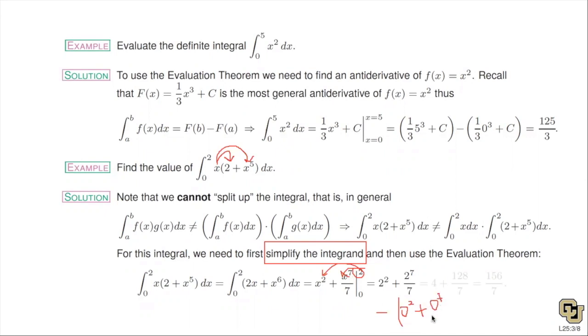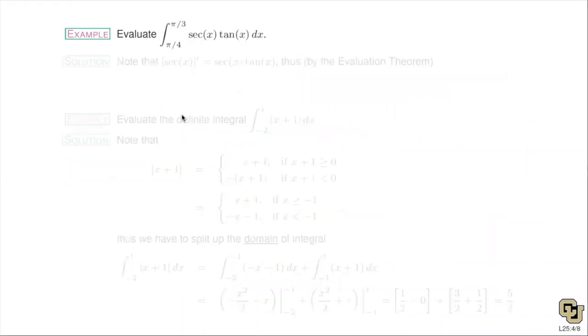Every variable gets replaced with a 0, and you do f of b minus f of a, and the f of a part is just 0. So I didn't even write it down at all. I just have the antiderivative evaluated at 2. Then I just did the arithmetic, figured out what 2 squared and 2 to the 7th were, added those two, and completed the fraction there.